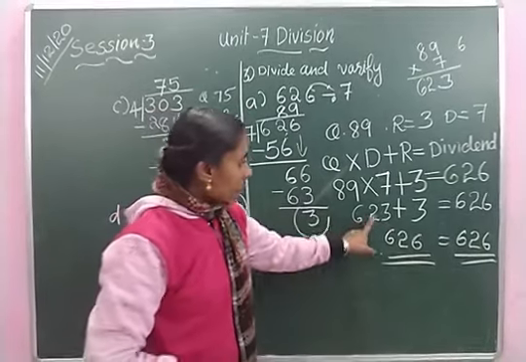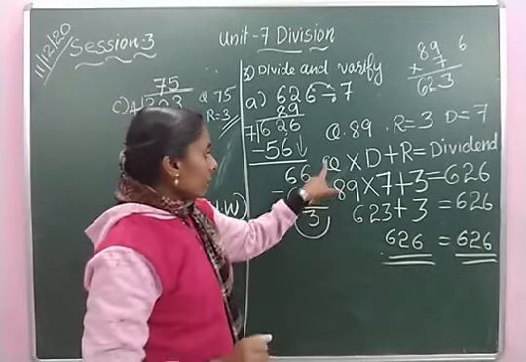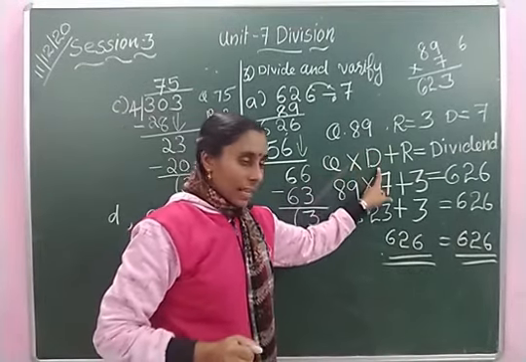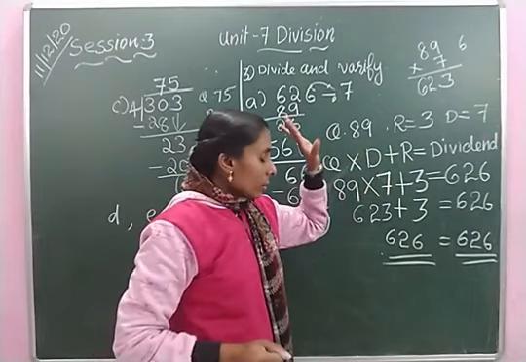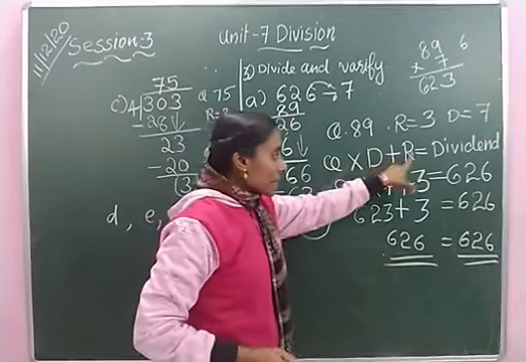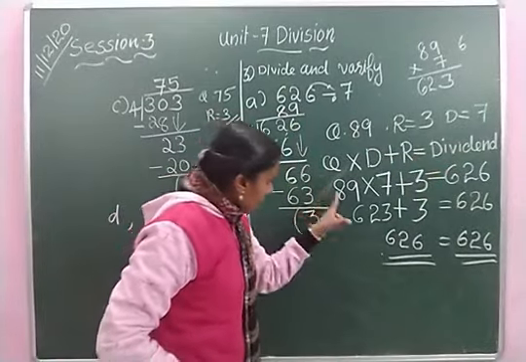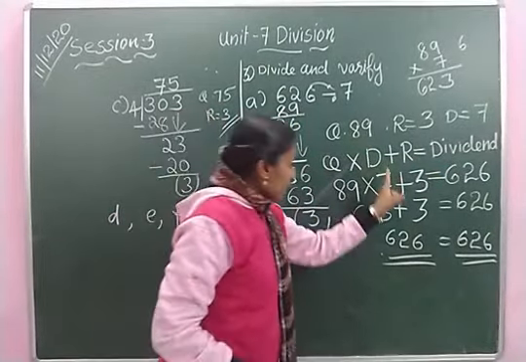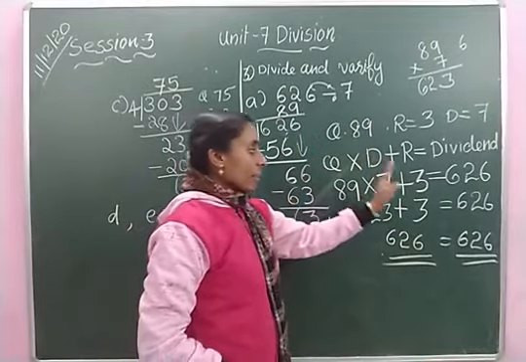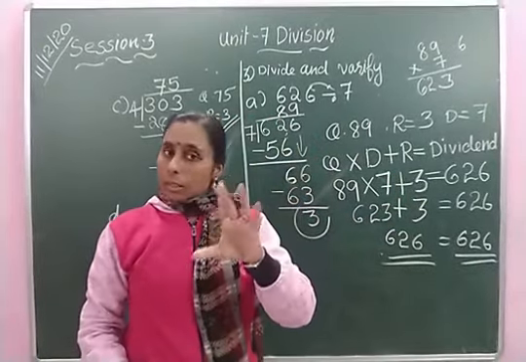I shall explain once again. Quotient multiplied by divisor plus remainder is equal to dividend. Here quotient is 89, divisor is 7 and remainder is 3.